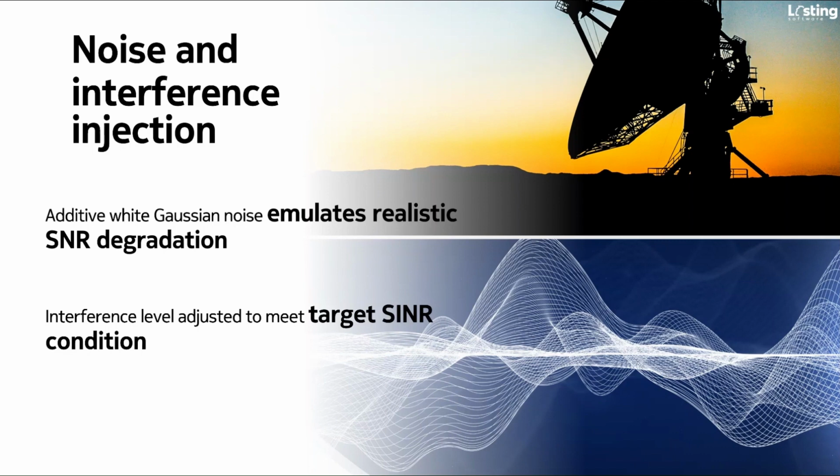Depending on the propagation path, the values can be set only for uplink or both for uplink and downlink. These are uncorrelated with the main waveform and scaled to hit a target SINR, making it possible to test receiver robustness in hostile over-the-air conditions.